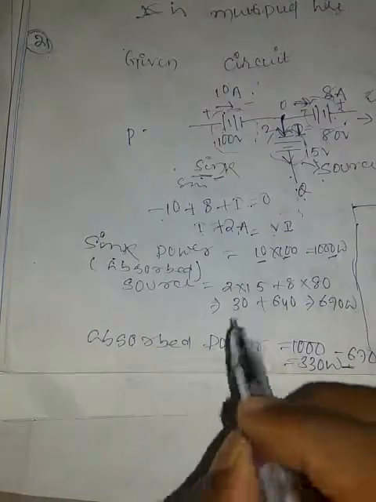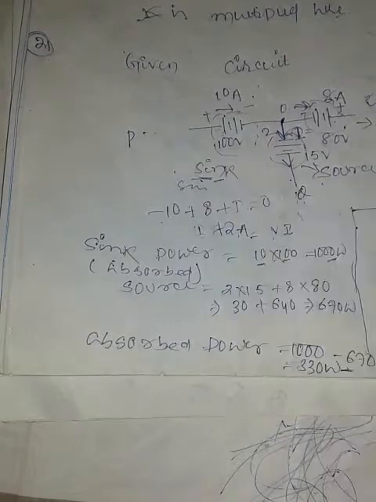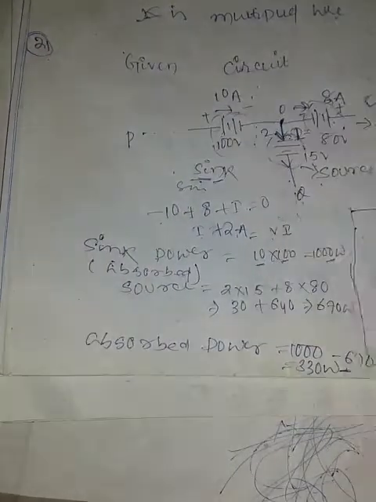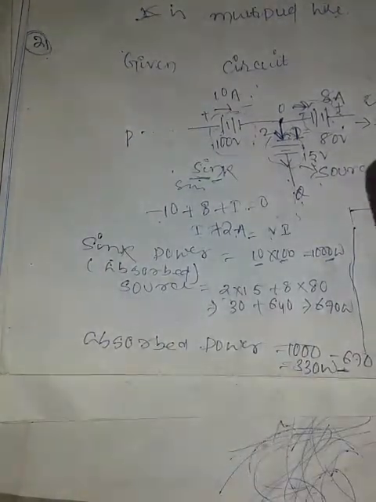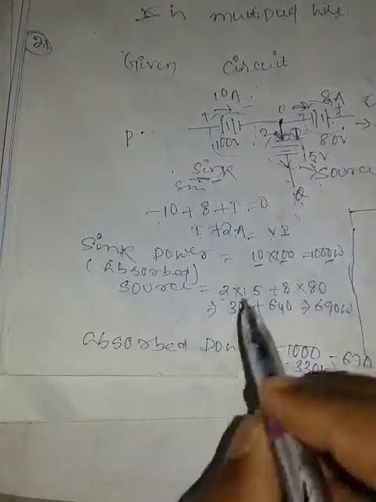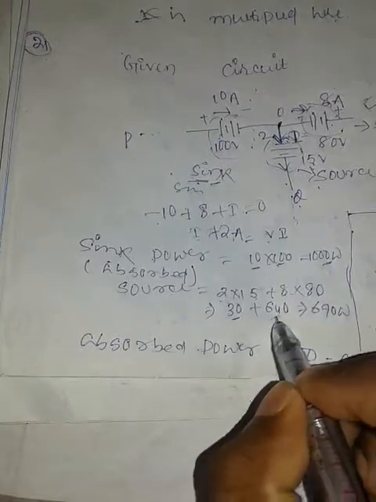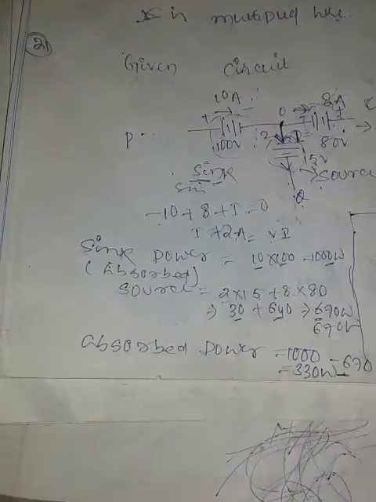Now we calculate for the source. Lines R and Q are both sources. In R, the line current is 2 ampere and the voltage is 15 volt, so 2 into 15, plus this is the active source also, 8 into 80. So 2 into 15 is 30 and 8 into 80 is 640. So the total will be 670 watt.